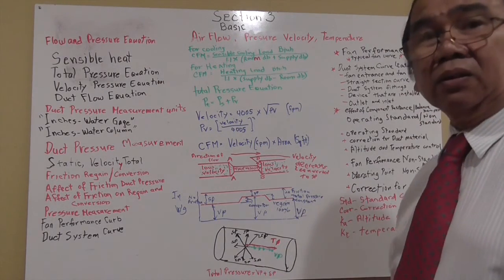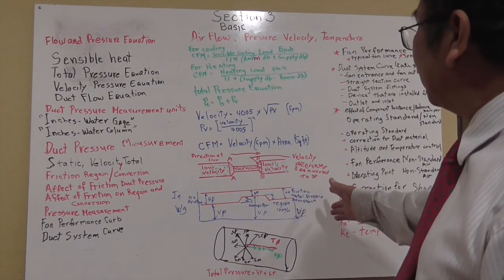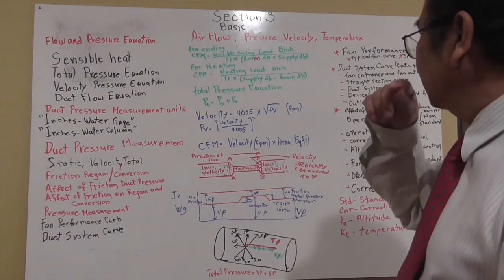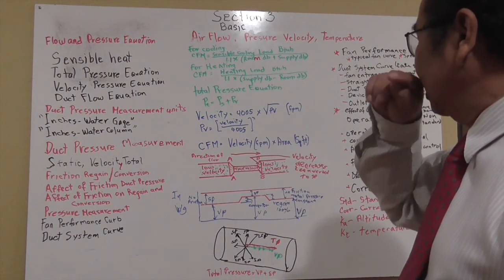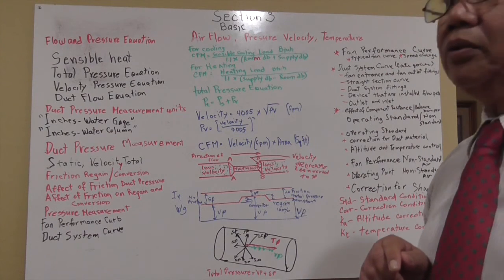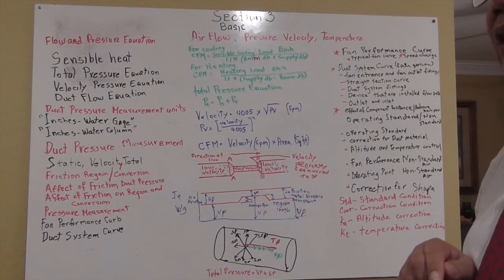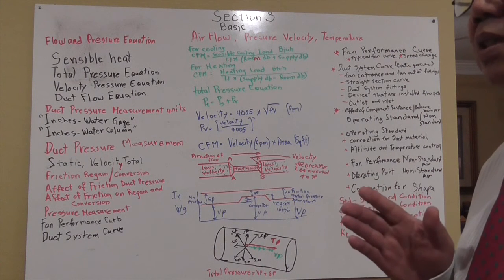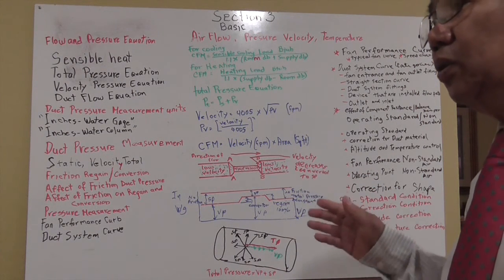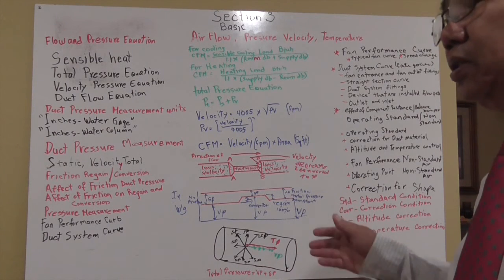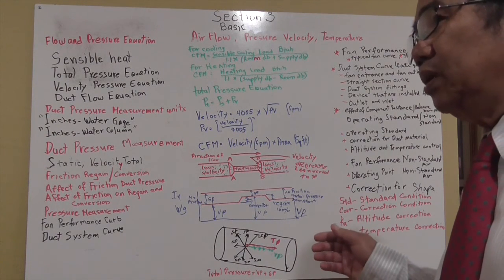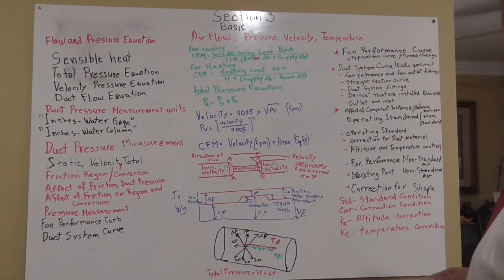We determine the CFM we need for the duct system by calculating the amount of CFM we need, and then once we know how much CFM we need, we add all those losses, like the friction losses and the equipment that we have, and after that we have the performance.